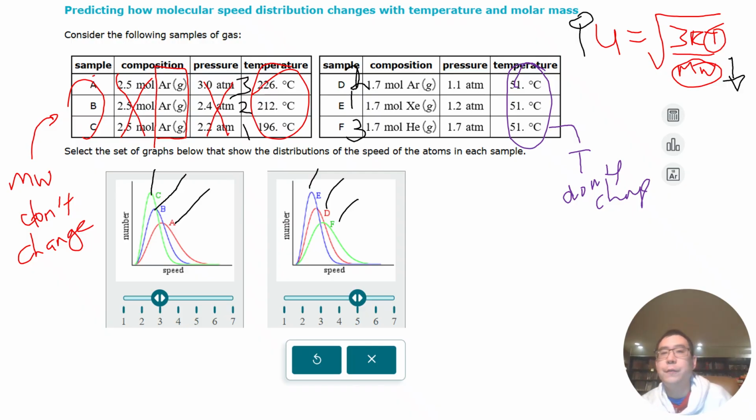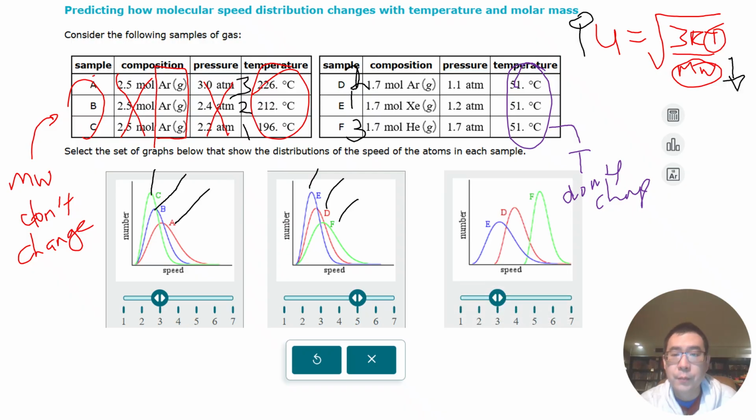What you'll notice, though, if you go through this particular problem and you go through all the sliders, you'll find another one that looks like this, right? That has E the slowest, then D, then F. Why is this one not correct? Well, this one is not correct because we need to know that as the distribution gets faster, right?